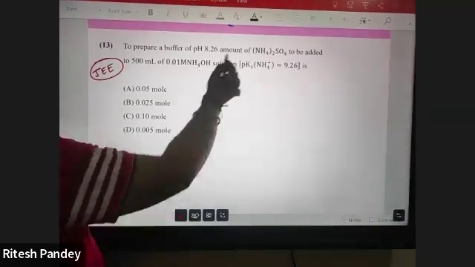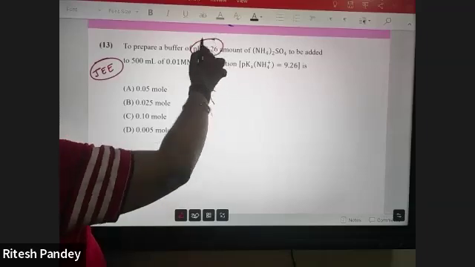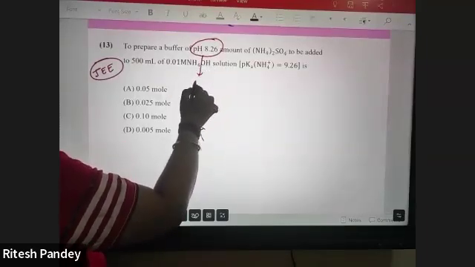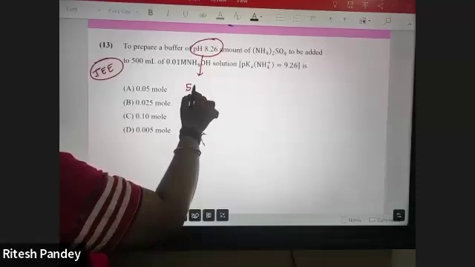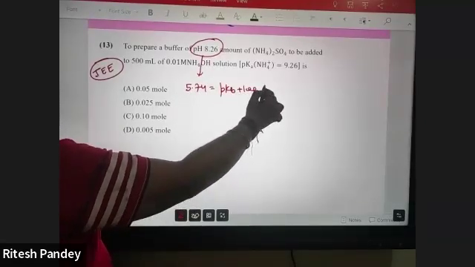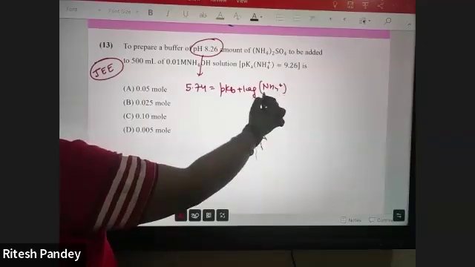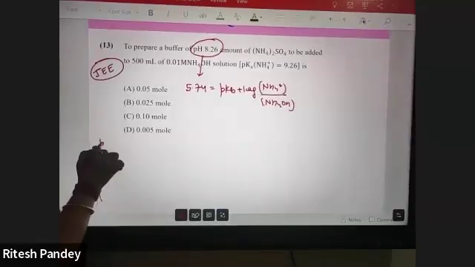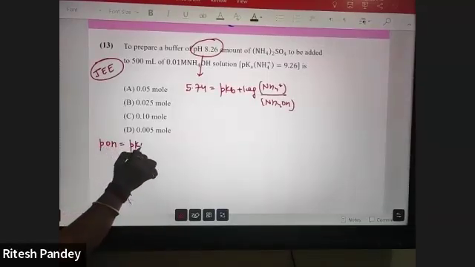First of all, look, this buffer is basic. So it's a basic buffer, which means we have to start from the 8.26 pH, to get pOH, which will be like 5.74 I reckon. pOH is equal to pKb plus log of NH4 plus upon NH4OH, and I want to play it very safely. I want to go by the basic formula.